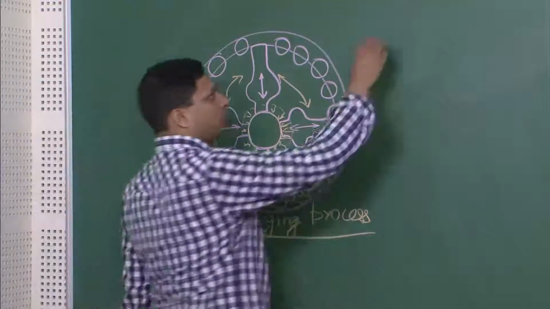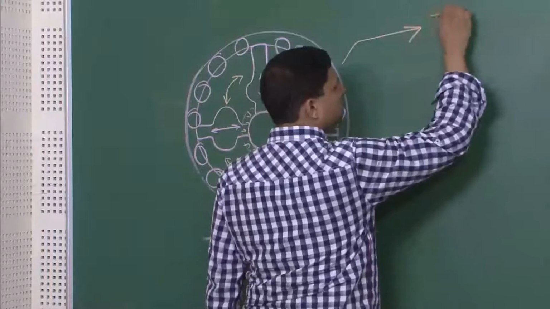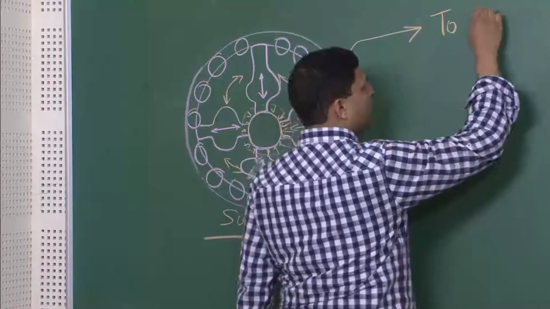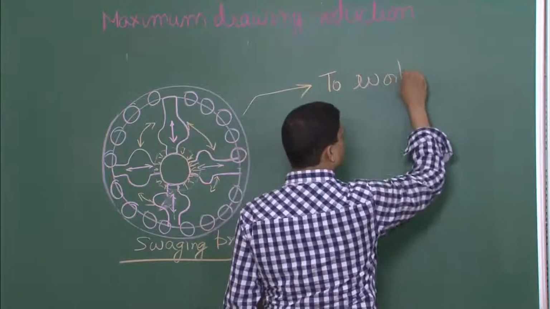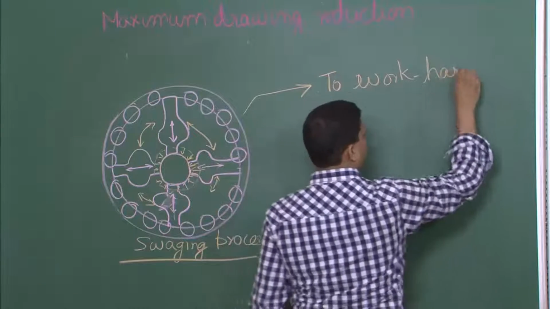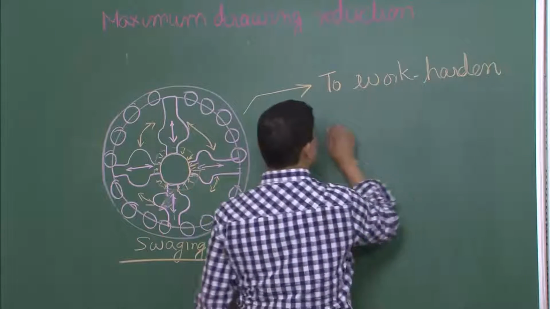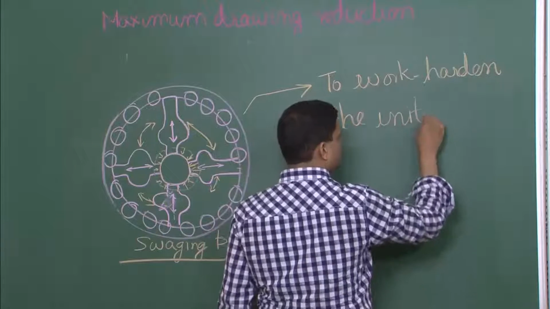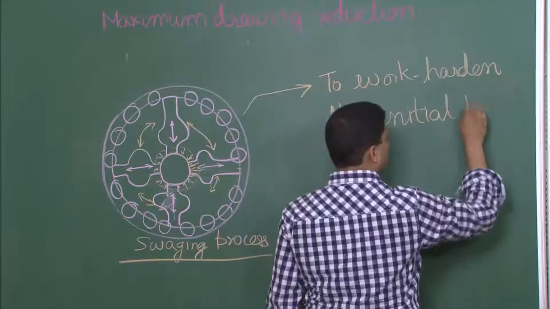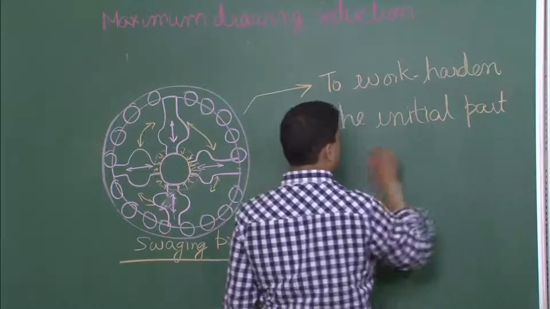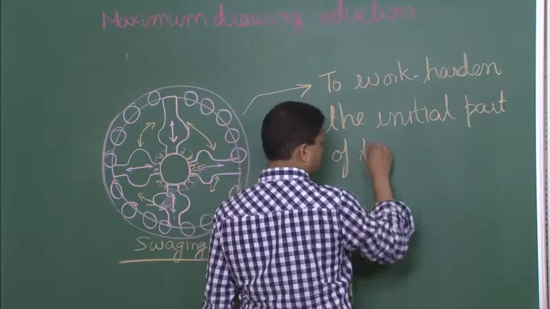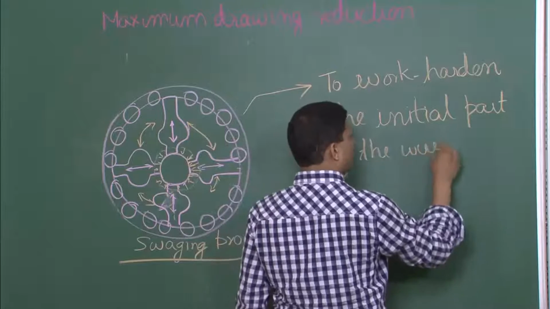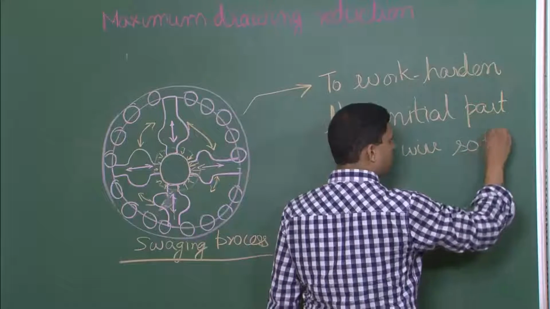So, the purpose of swedging is to work harden the initial part of the wire so that it can be drawn or pulled.